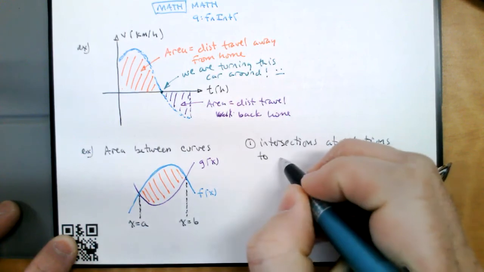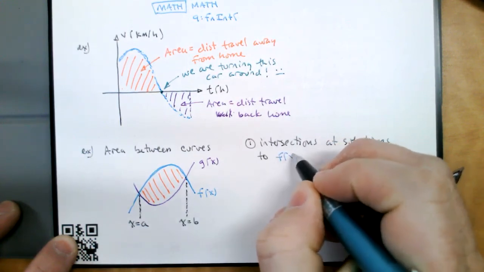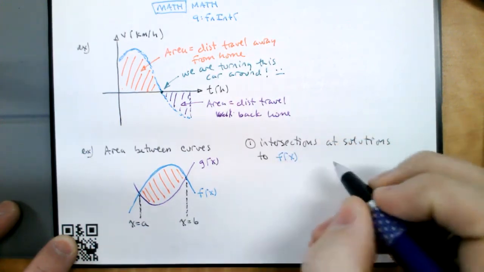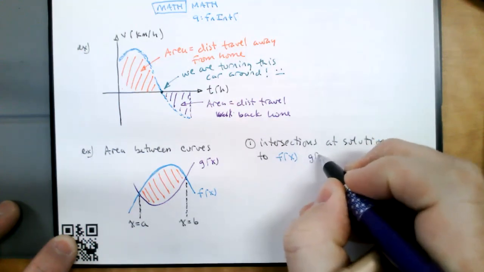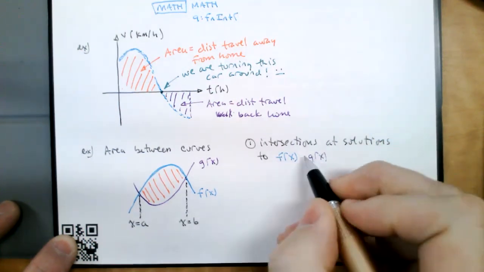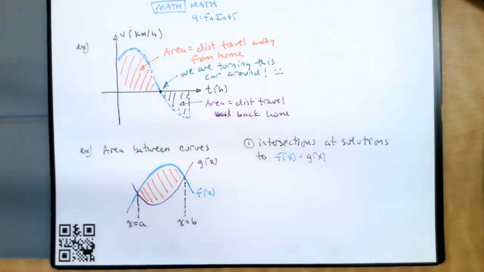So we just take f of x and set it equal to g of x, and find the solutions to this equation.